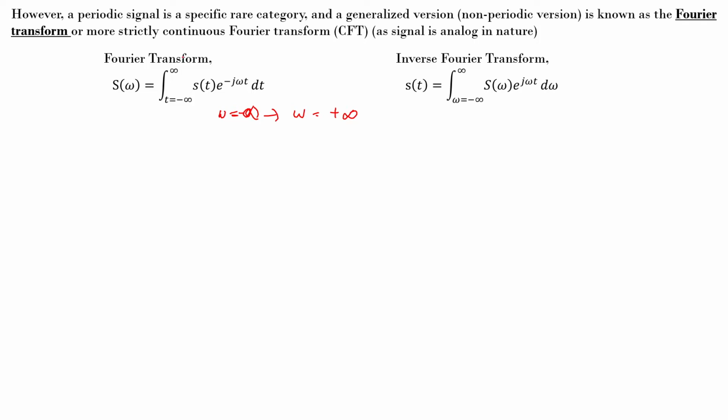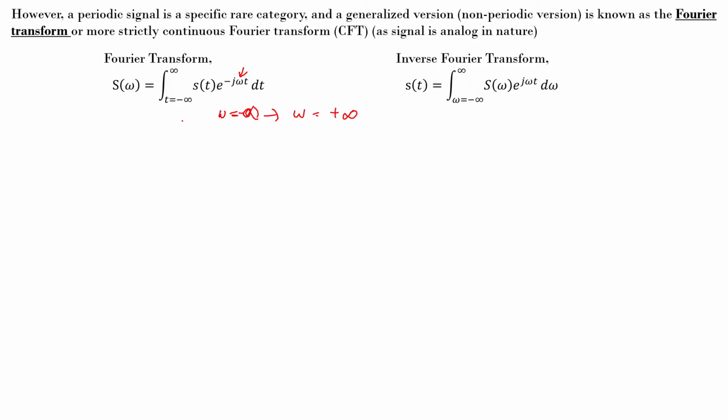For each omega you substitute that omega here, do this operation, and then sum it over the entire duration of the signal, and that single value will be your coefficient corresponding to that particular frequency.